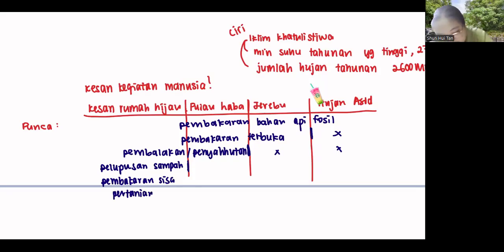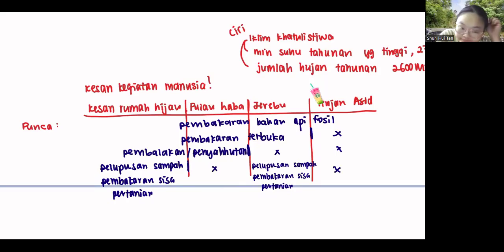Now, be aware, these two are similar for jerebu. They use the same point. But Pulau Haba don't. Hujan acid don't. This is a reason. All right. And then, of course, in jerebu, you have an extra reason, which is letupan gunung berapi, volcano eruptions.